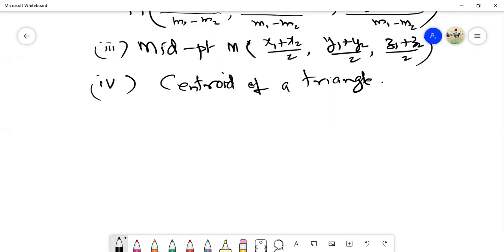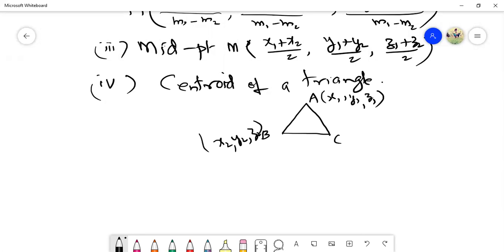The formula for the centroid of a triangle is, suppose this is a triangle and we have to find its centroid. Its three points are given as A, B, C, whose coordinates are x1, y1, z1, x2, y2, z2, and x3, y3, z3.